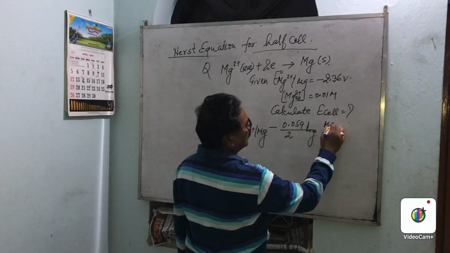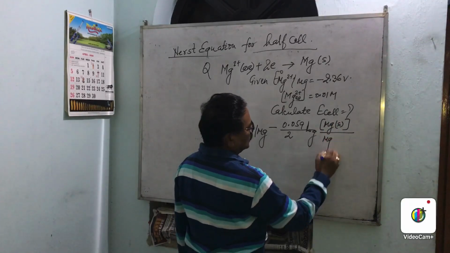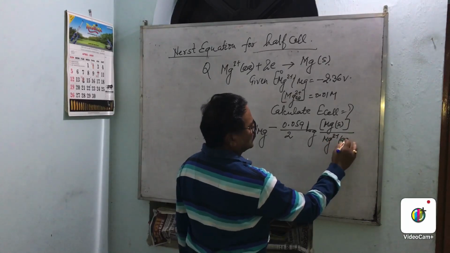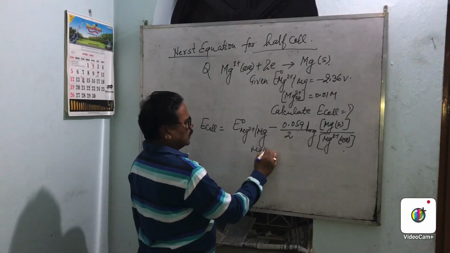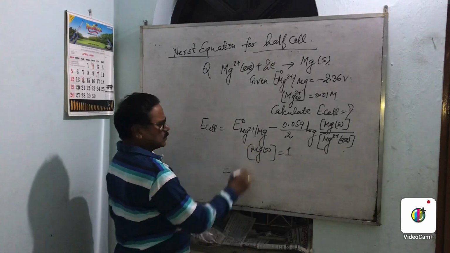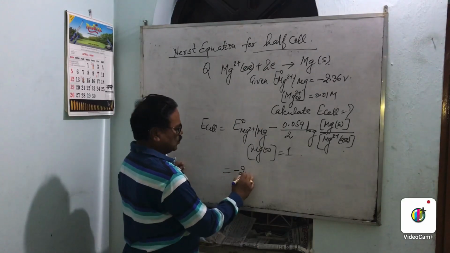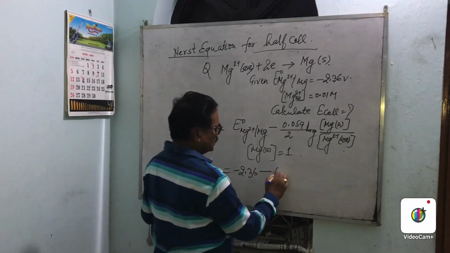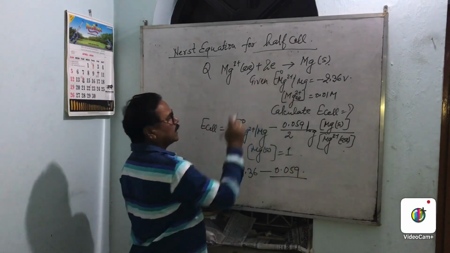What is in the product? That is magnesium solid, and magnesium 2 plus aqueous. So the magnesium solid concentration is equal to 1. So how much does this come to be? Its value is given: minus 2.36 minus 0.059 by the number of electrons gained.